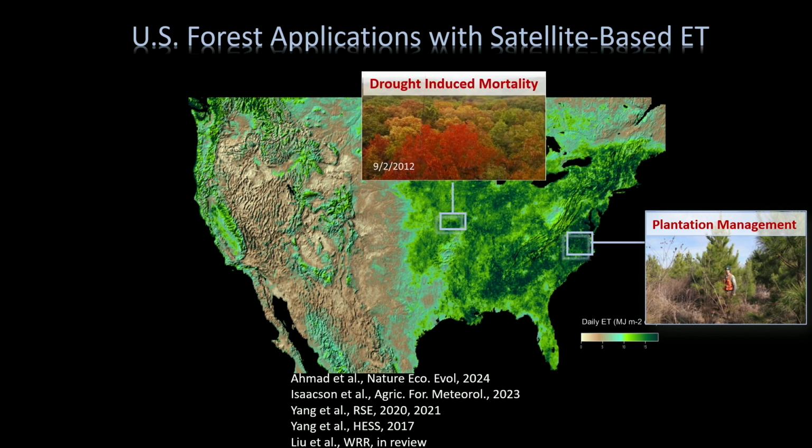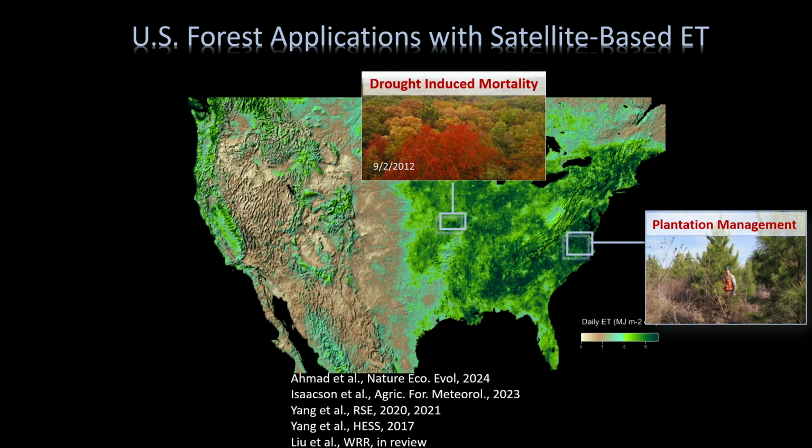And then after this, I moved from this managed environment to a more natural forest. This natural forest is in Missouri, and we all know the 2012 drought didn't only impact the agriculture, it also impacted the forest.